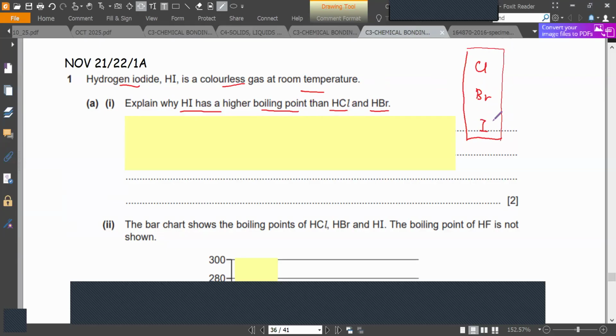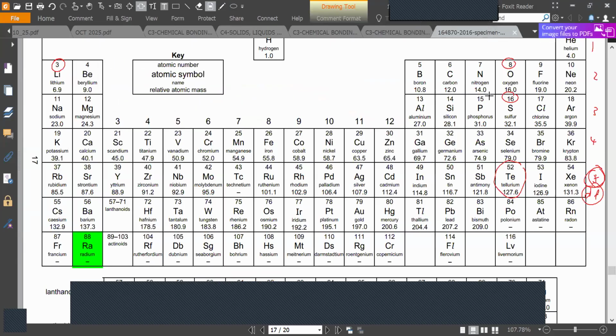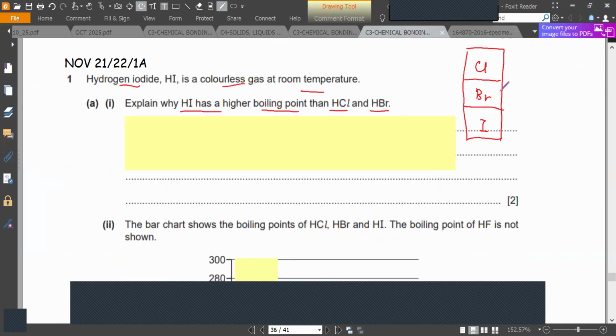Their proton numbers are 17, 35, 53, which equal the number of electrons.